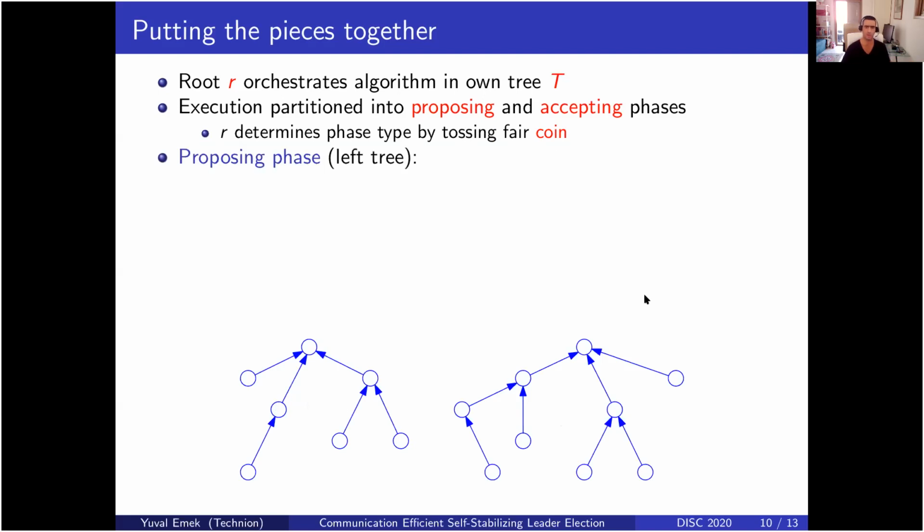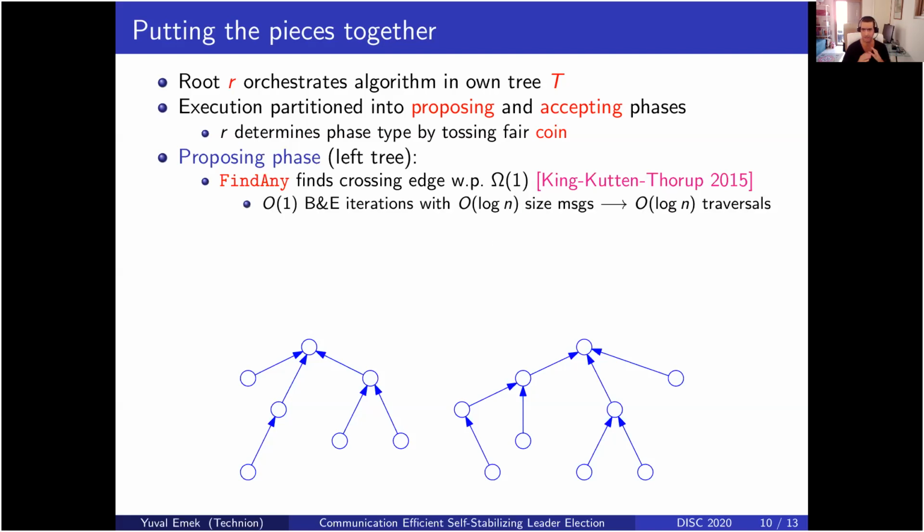So what do we do during the proposing phase? The proposing phase is dedicated to running a procedure called find any that was presented in a paper by King, Kutten, and Thorup from a few years ago. This procedure, a fault-free procedure, is guaranteed to find a crossing edge with a positive constant probability if such an edge exists.